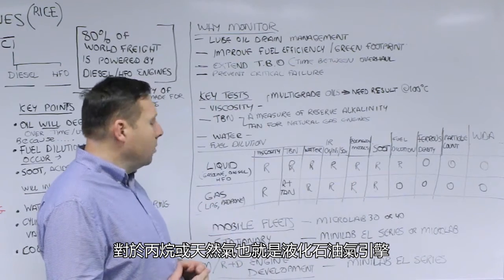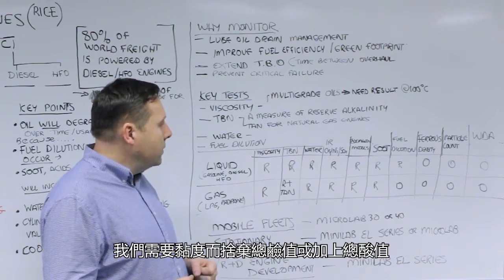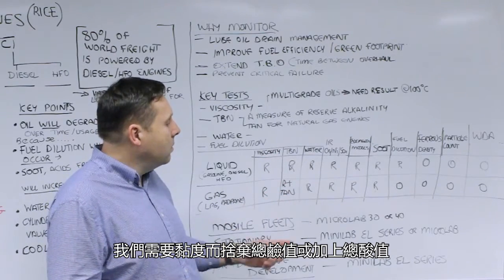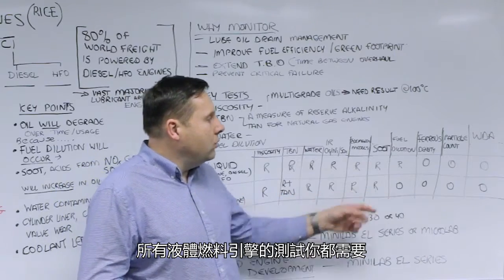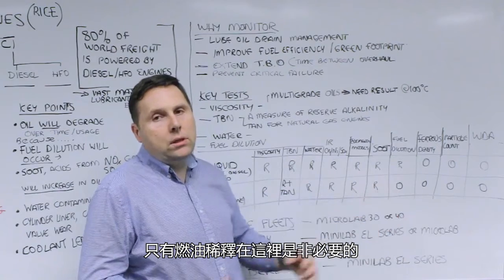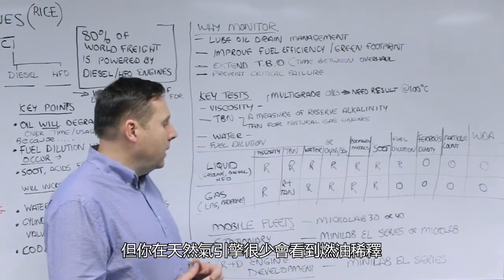For propane or natural gas style engines, LPG, again, viscosity, instead of TBN or in addition to TBN, do a total acid number. Do all of the tests that you also do for your liquid, although fuel dilution is optional in these cases because you don't expect to see a lot of fuel dilution in natural gas style engines.